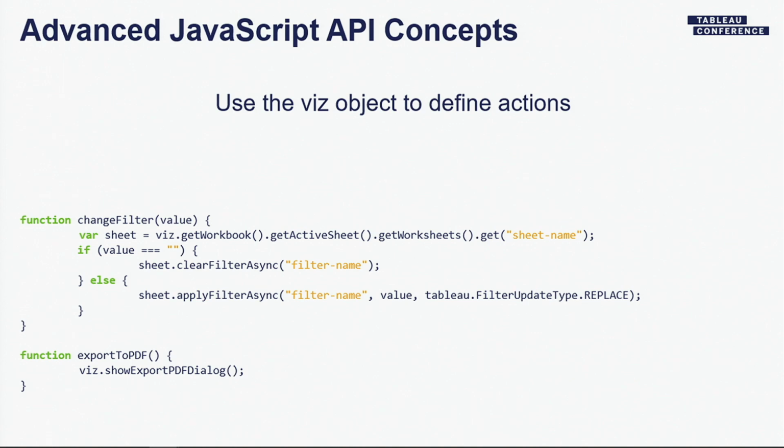So when you load a viz, that's usually at a dashboard level, potentially. It could also be a sheet, but usually it's at a dashboard level. So not only am I getting the viz itself, I'm actually going down to a specific sheet that I'm looking to filter. So you see that I'm actually specifying the sheet name. And then I can always go ahead and either apply a filter value or clear it out entirely as well.